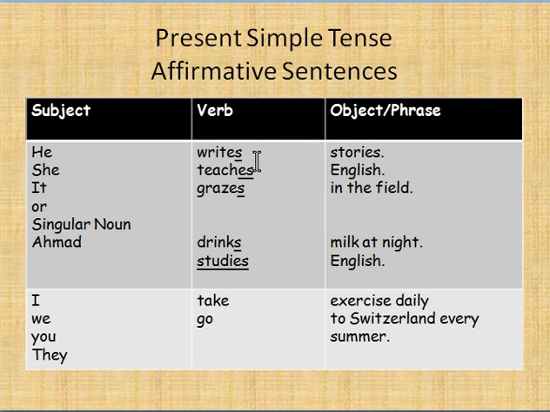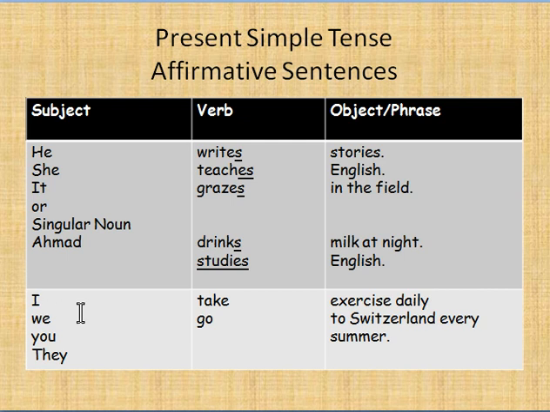If you look at here, we have added s to the first verb, es to the second verb, whereas there is a verb that is study, we have added ies to it because y transforms into i and then we add es to it. I will cover the spelling rules in one of my other videos in the coming days. After the verb, you can add the object or a phrase that can complete the sentence.